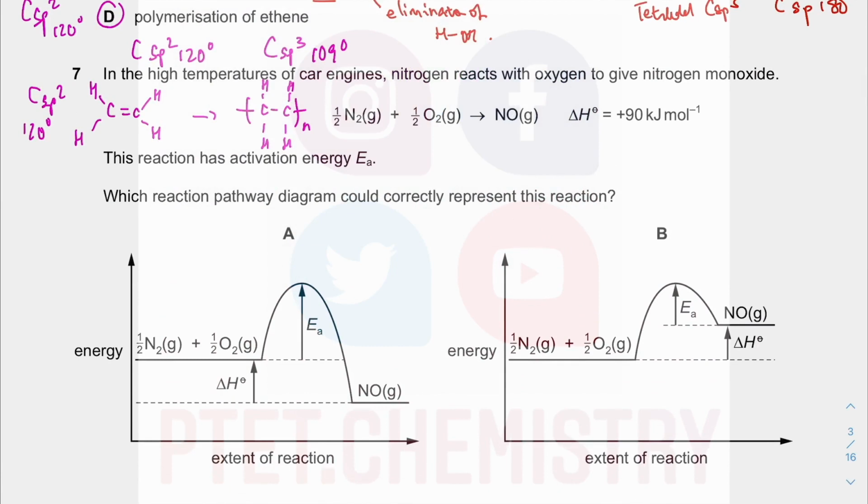Question 7. So we know that nitrogen and oxygen only react in the car engine because there's a very high temperature, enough to break the very strong nitrogen-nitrogen triple bond, which has a very high activation energy. So we know that it's endothermic.